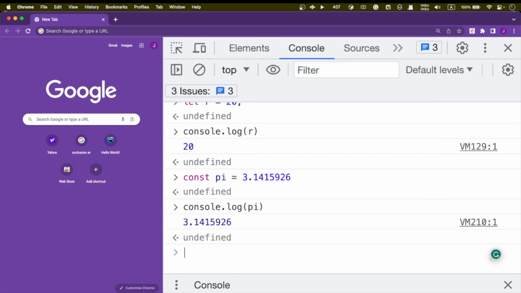Of course, let's do a little bit of math. To do math, you need to use operators, so plus or minus, and what about multiplication? You can use the asterisk for that. If you use the double asterisk, it's for when you want to square or cube something.